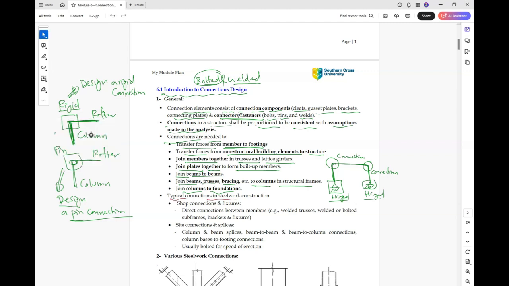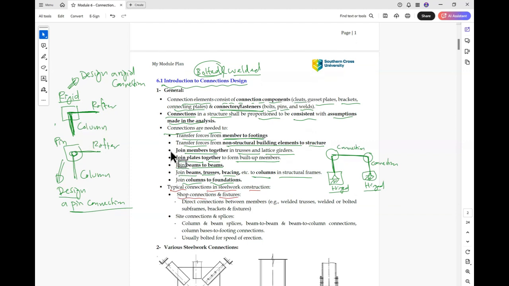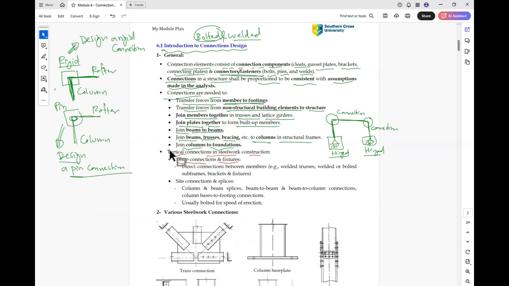Typical connections in steelwork construction, shop connections, and fixtures. So we have some standard examples or standard details of the connection.